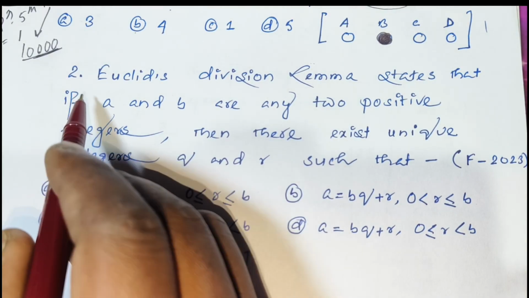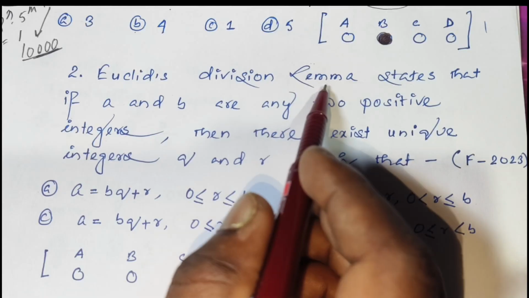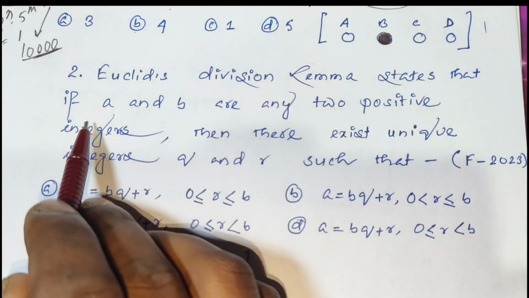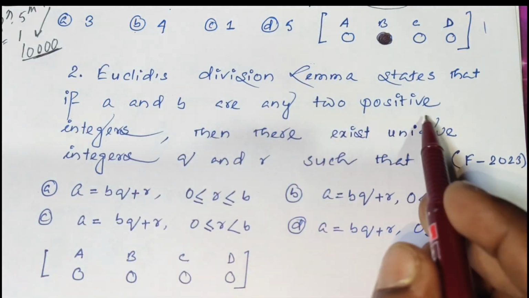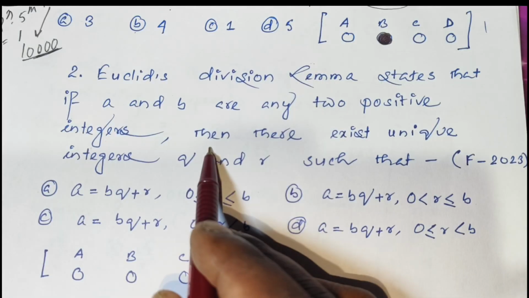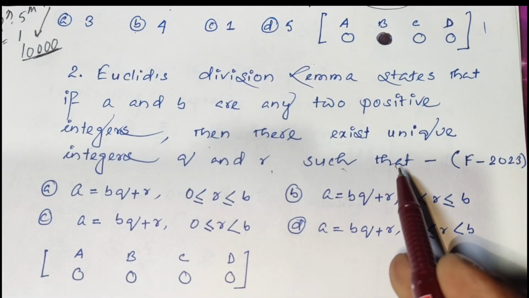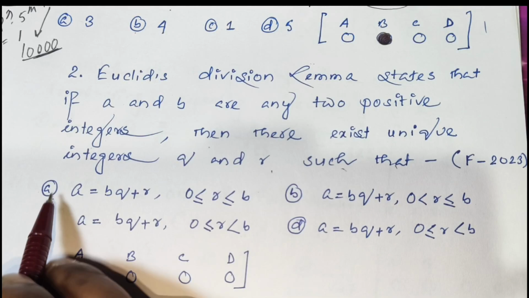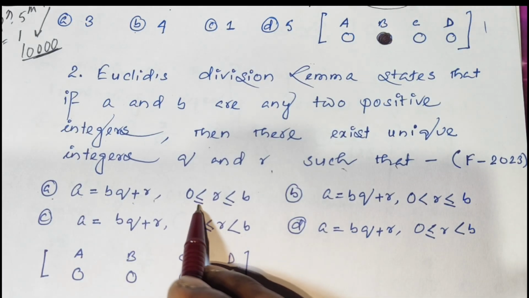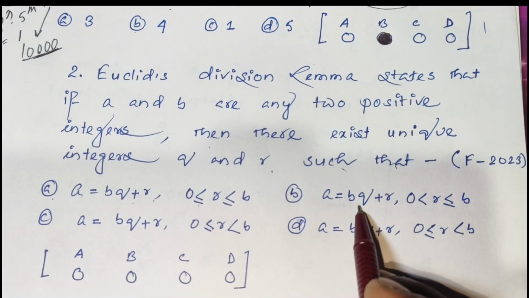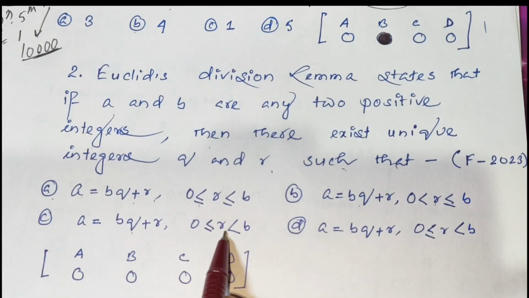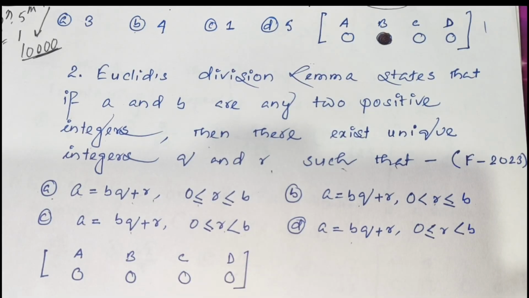Now, question number 2. Euclid's division lemma states that if a and b are any two positive integers, then there exist unique integers q and r such that option A, a = bq + r with a condition; option B with another condition; option C with another condition; and option D with another condition. Then what would be the correct option?